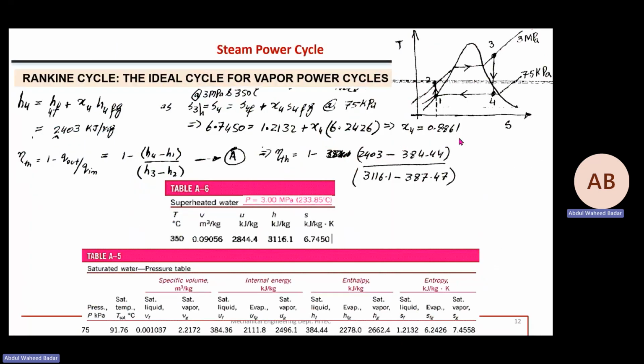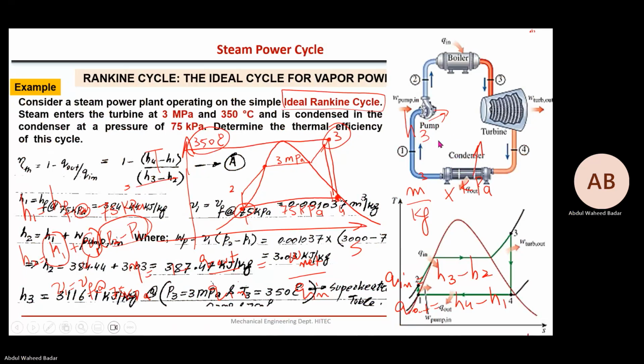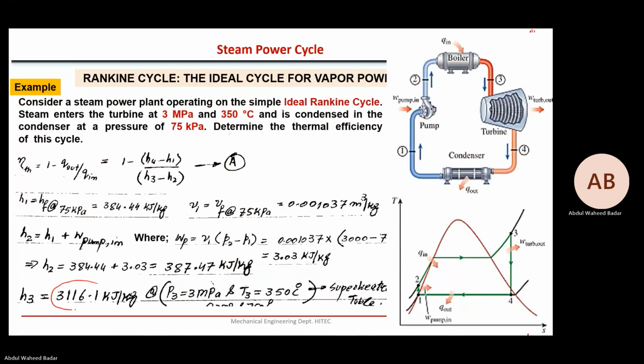No issue. So let's see what H3 is. Okay, here is H3 from the tables: 3116, the exact value. So we will say 3120 or 3110. It's okay.